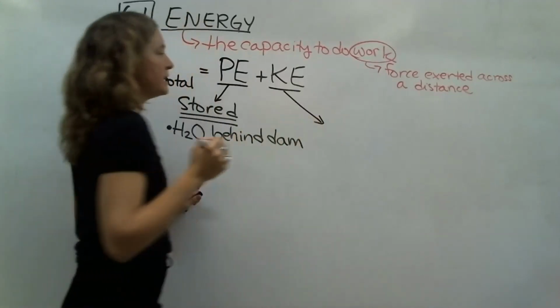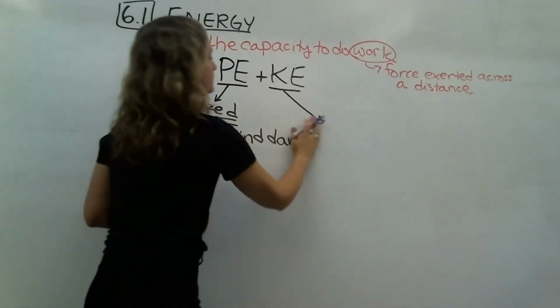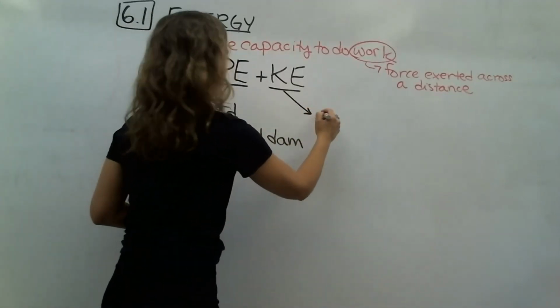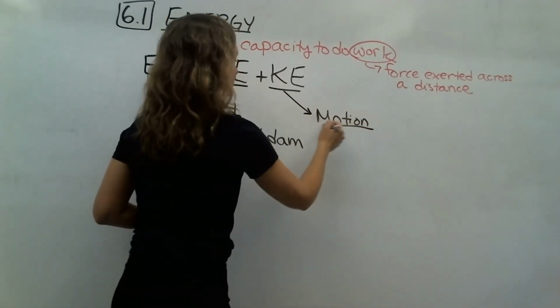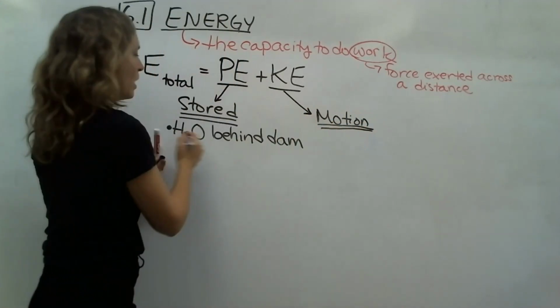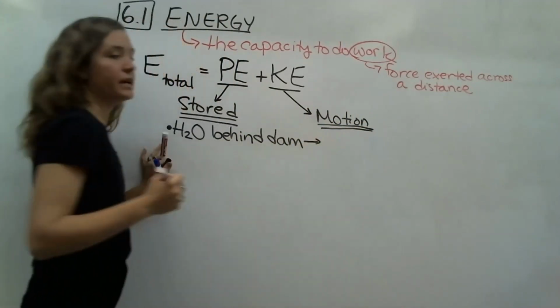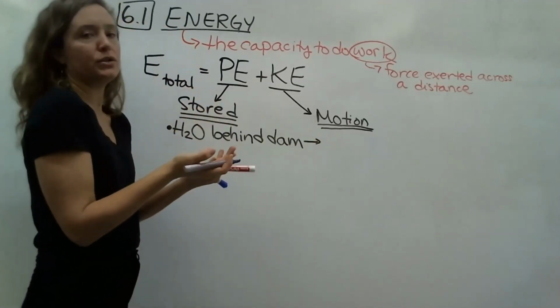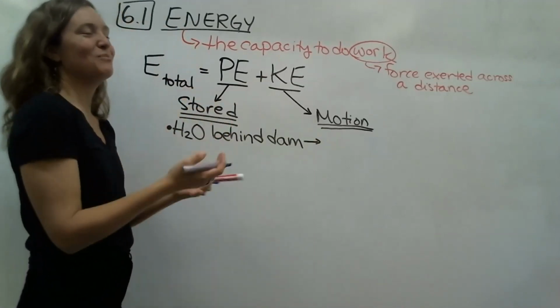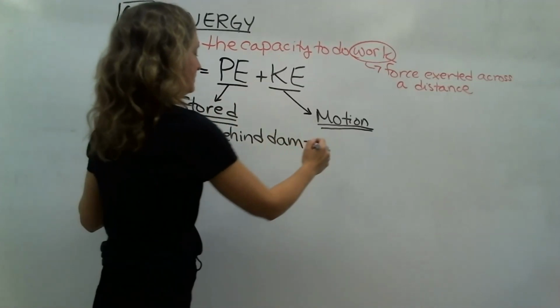So kinetic energy is the energy of motion. So water behind a dam can then flow through the dam, right? And that energy is then transferred into motion, the energy of movement.